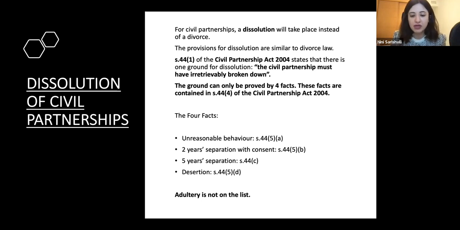Before, if you remember, we saw that adultery has to be sexual intercourse with someone of the opposite sex. Since the Civil Partnership Act was for same-sex couples, there was no opposite sex. So that's why they took out the adultery ground for dissolution.